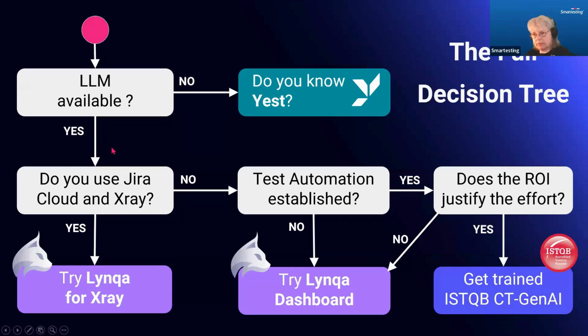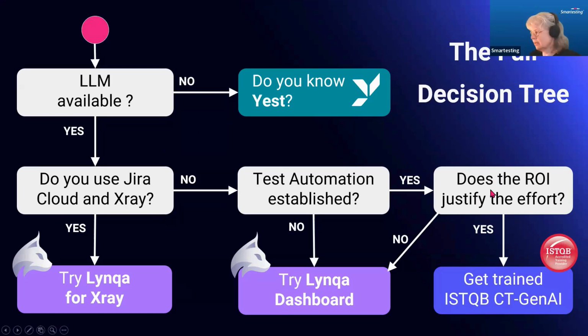if you have test automation, then sometimes people say, well, I absolutely want to automate everything, but does the return on investment really justify the effort? If you have doubts, and if you think that maybe you could do both of them, then again, try Linker Dashboard.